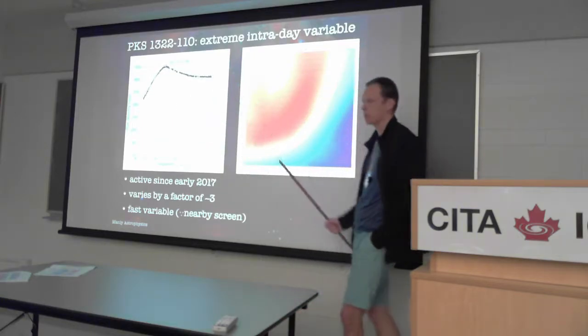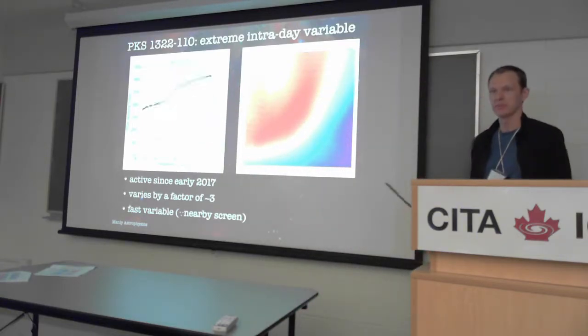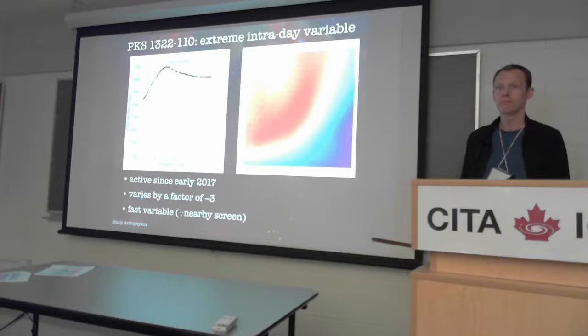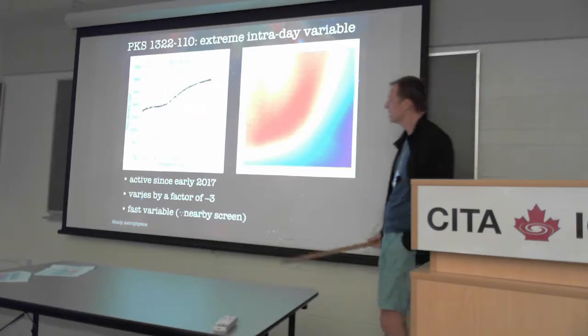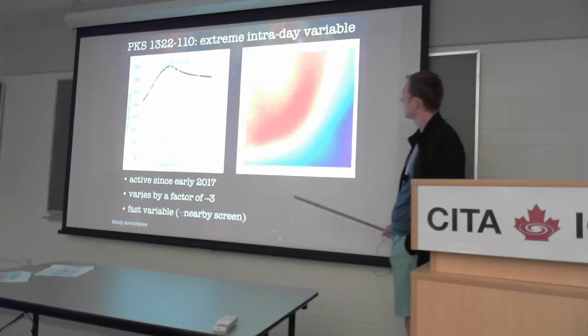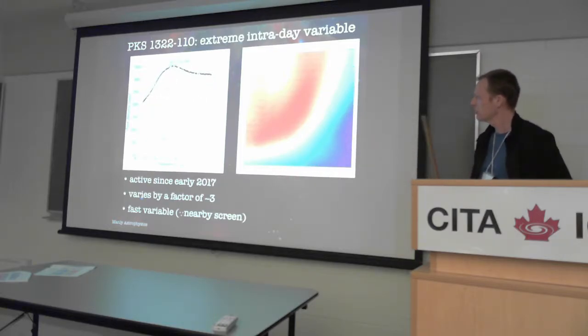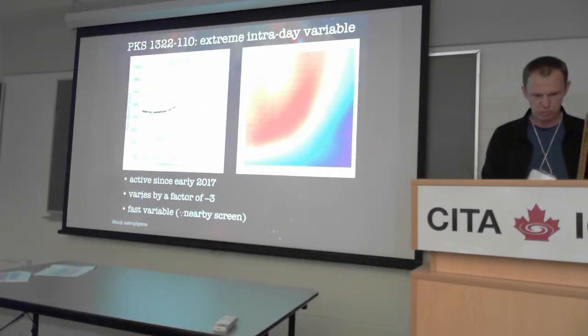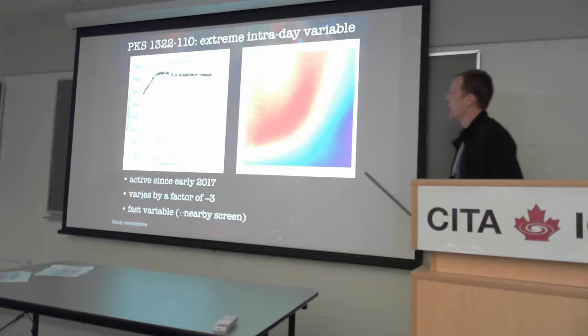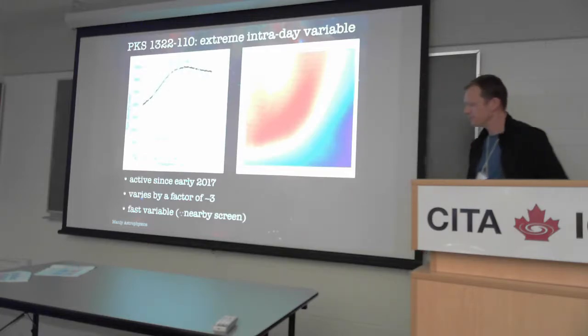That's what happens to its spectrum in real time. That's real data. That's the same as in the form of the dynamic spectrum. And it's probably not the most extreme of them, actually.